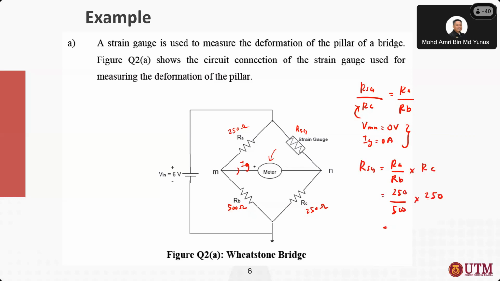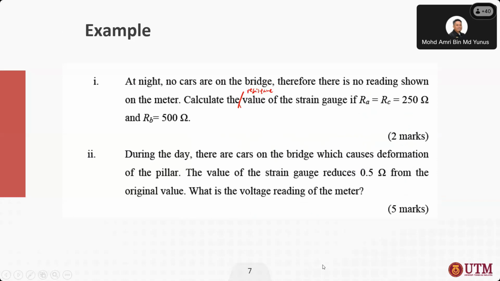That's how we get 125 ohm. So that is the answer for this part: RSG is equivalent to 125 ohm.